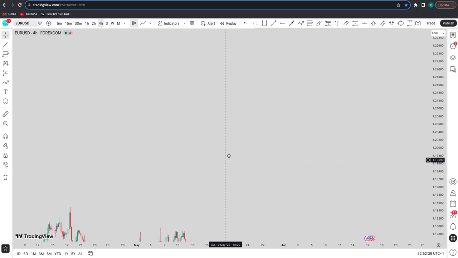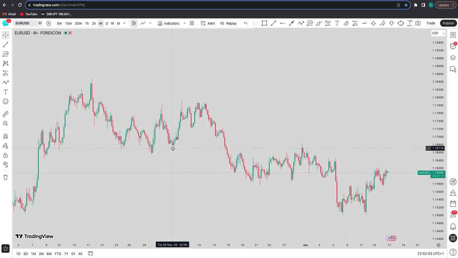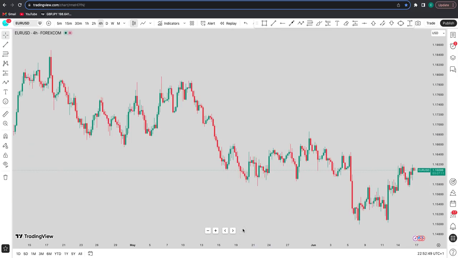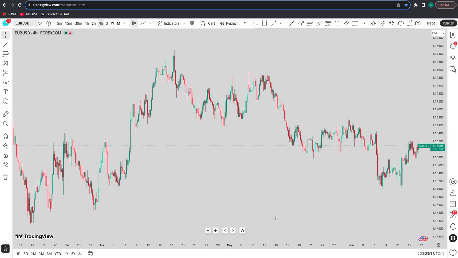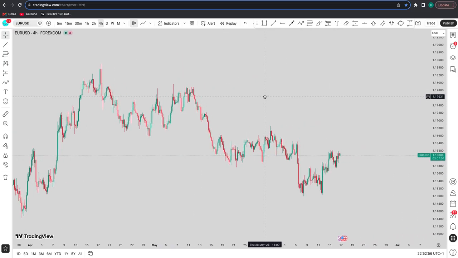How do you actually do this in the chart? Now let's go for the bearish scenario first. So if this is a bearish market and I'm just coming to my chart, this is the time frame that I trade, and I want to know if this market is actually trending down and how I would participate in the downtrend of this market. I will just draw my trend line.